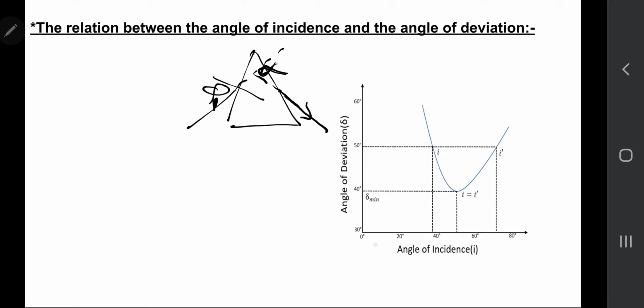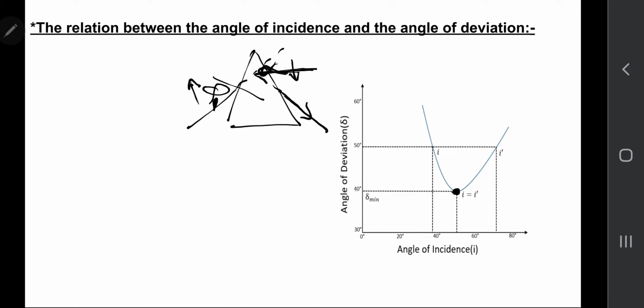When the angle of incidence increases, the angle of deviation decreases, until it reaches a minimum value. This minimum value is called the minimum angle of deviation.